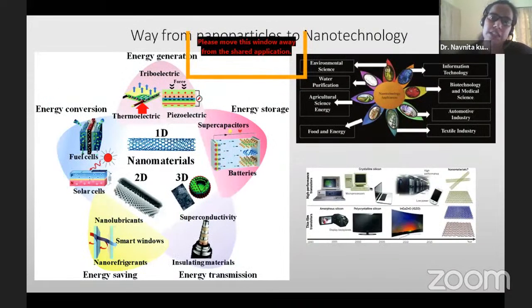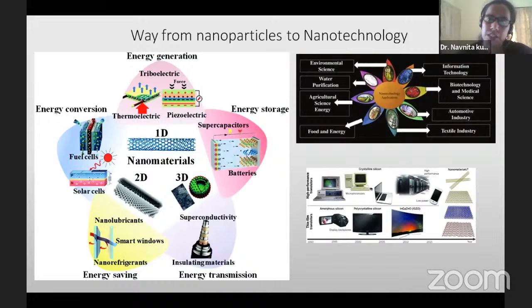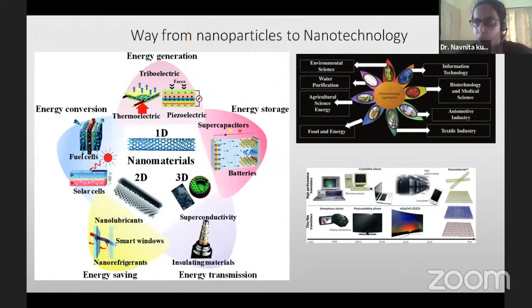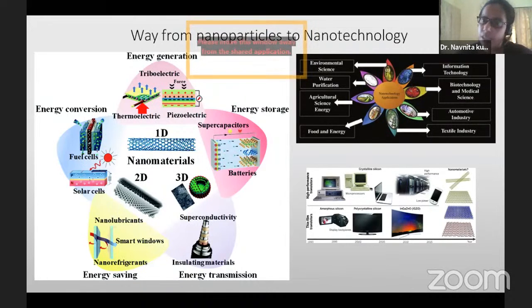If we move towards nanotechnology and energy generation, because I am mostly highlighting energy, since right now we are all suffering from the energy crisis and we have to pay the electricity bill and all. If we look at the different types of energy harvesting, by using sunlight or water, etc., then we can be less dependent on other resources and use renewable resources which are easily available on the earth and from the sunlight.